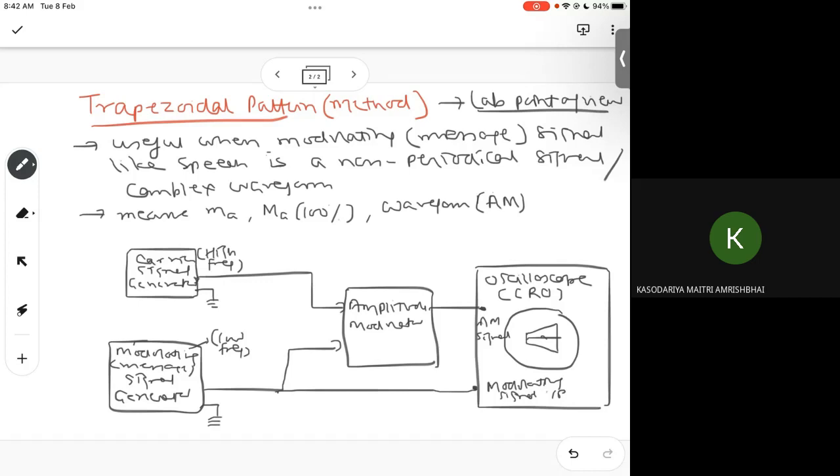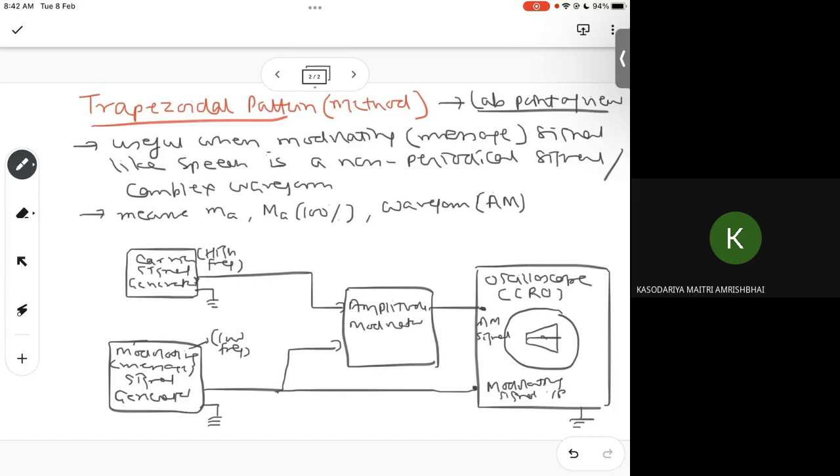This is a typical experiment that you will be doing. You will be generating a high frequency signal, which will be your carrier signal, let's say 100 kilohertz, and a low frequency signal using a low frequency signal generator, which we call the message signal, let's say 5 kilohertz. Then you give these two signals to the amplitude modulator and simultaneously to the oscilloscope.